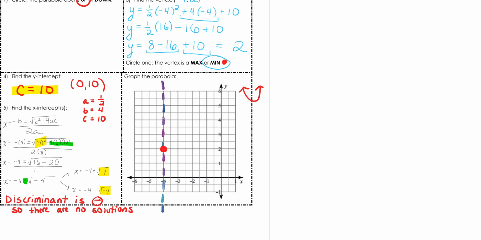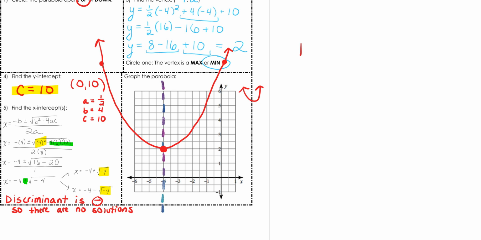If I get the axis of symmetry and reflect this point, the equivalent one on the other side is maybe right around there. Now we're going to connect these 3 points, put on our arrows to show our end behavior, and that's a rough sketch of what this parabola is going to look like.